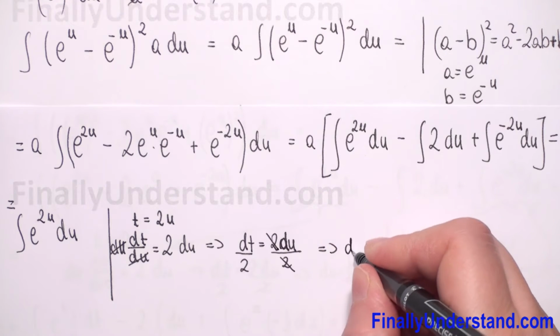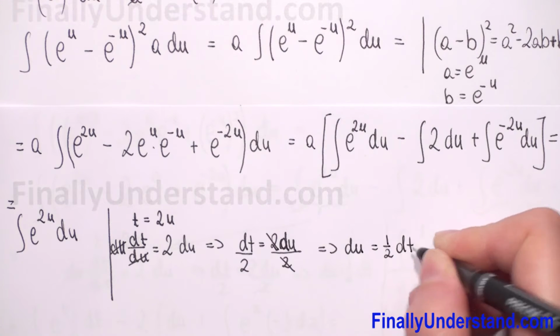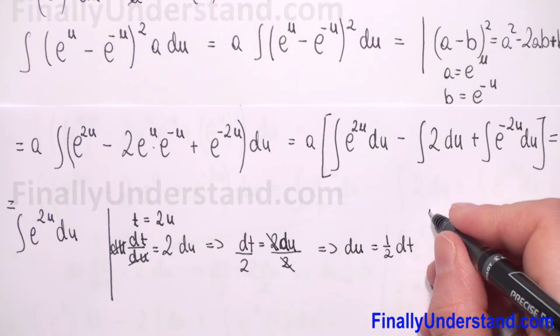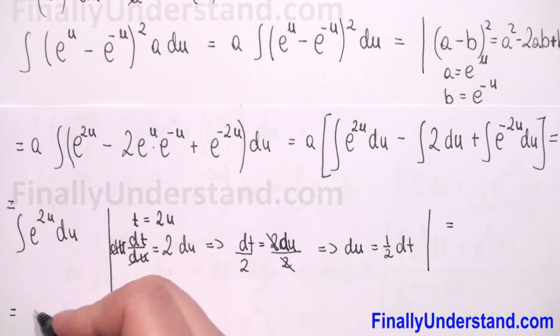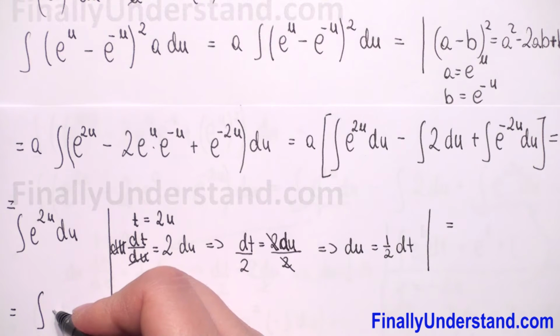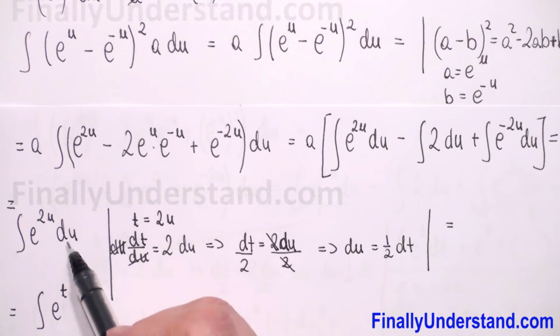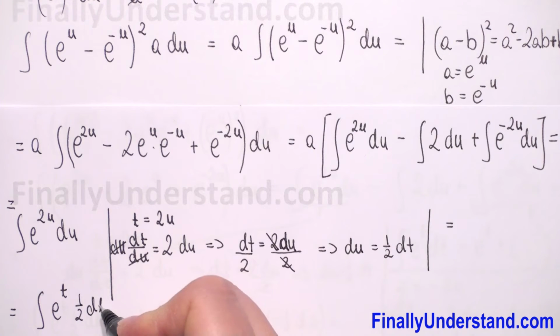We have du is equal to 1/2 dt. So we will solve this integral first. This is equal to the indefinite integral of e to the power t, and du is 1/2 dt.